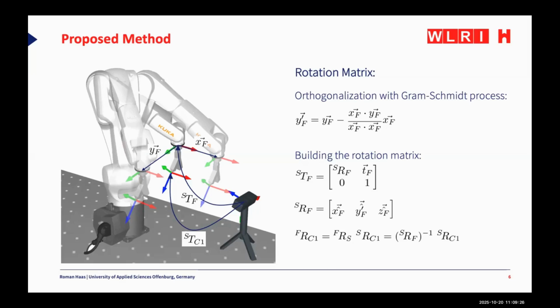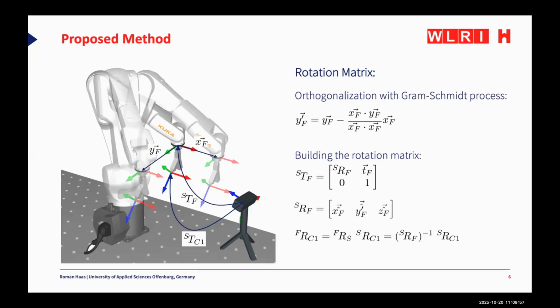After that, we can build a rotation matrix. So this is what we're trying to get as TF, for example. This is this transformation matrix, which consists of SRF. So that's the rotation matrix that we want. And we can build this rotation matrix up with the unit vectors. So these are the normalized vectors XF, Y prime F, and ZF is constructed by the cross product.